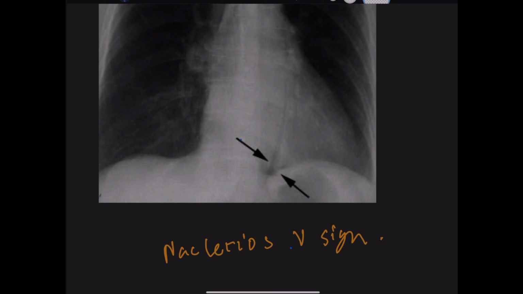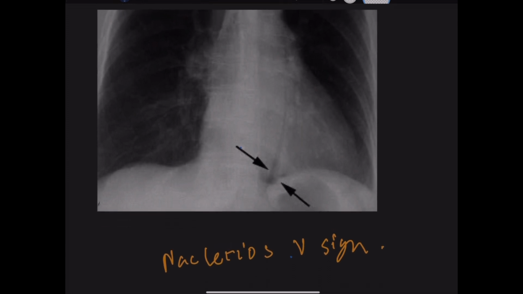When the esophagus ruptures, the air from the esophagus comes into the mediastinum, and it outlines the descending aorta and also the diaphragm. This gives the shape of a V, and it is called the Naclerio's V sign, and it is typically seen in esophageal rupture. But it is not completely diagnostic of esophageal rupture, and it is not so useful.